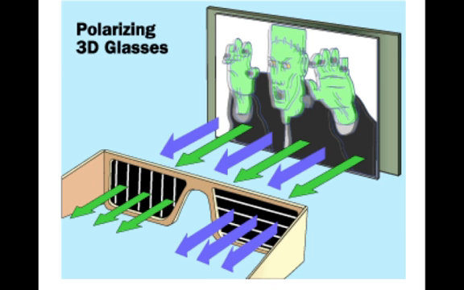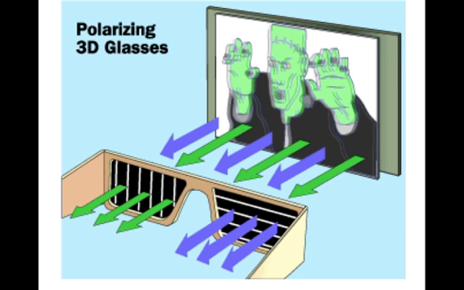Then you would wear the little glasses, and the glasses on the left eye would only let through one polarization, and on the right the other polarization. Between them, when your eyes see two slightly different images, it allows for distance, giving you a 3D interpretation by your brain. So that's one use of polarization, in 3D glasses.